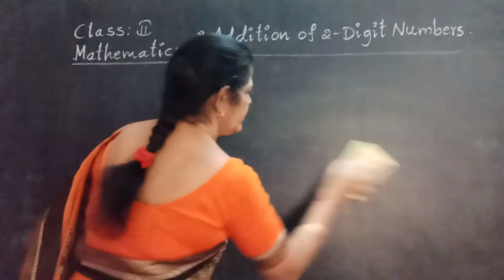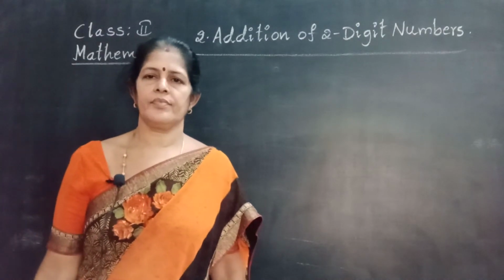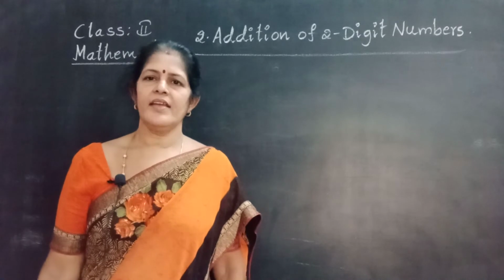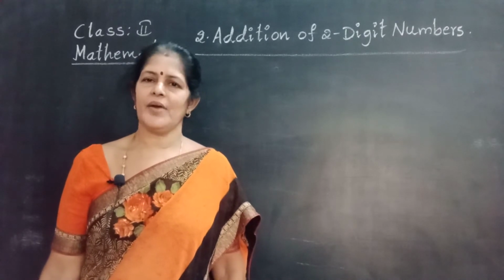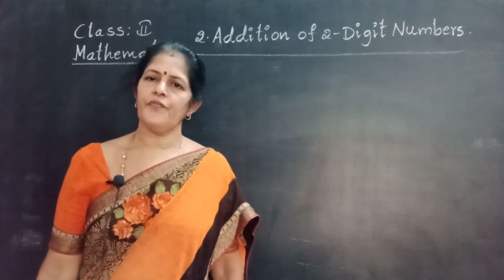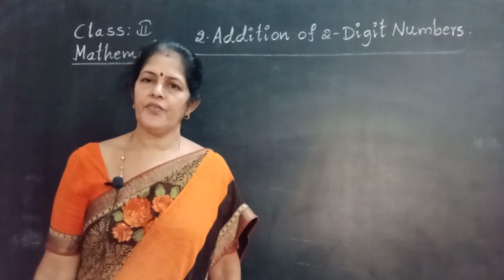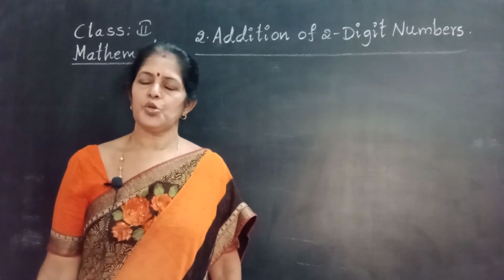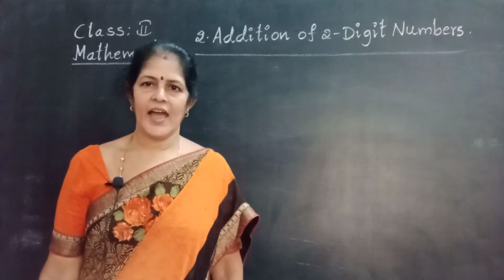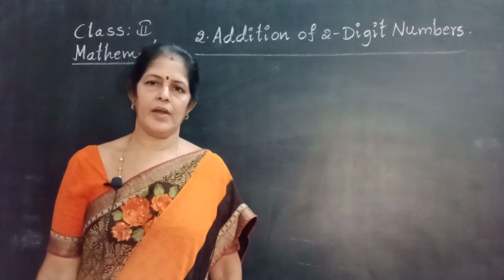And in this chapter you have to learn addition of single digit numbers 3 lines, addition of 2 digit number with 1 digit number, addition of 2 digit numbers without regrouping, and addition of 2 digit numbers 3 lines, addition of 2 digit numbers 2 lines, addition of 2 digit numbers 3 lines with regrouping, and word problems.